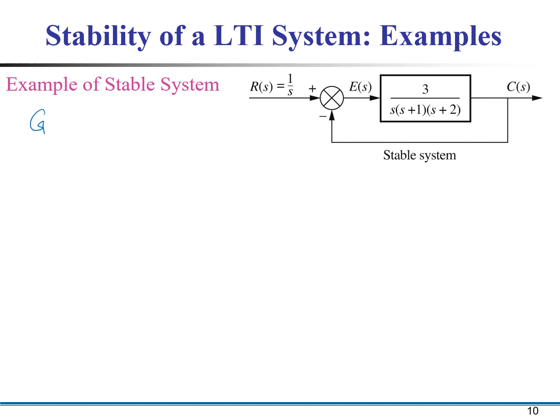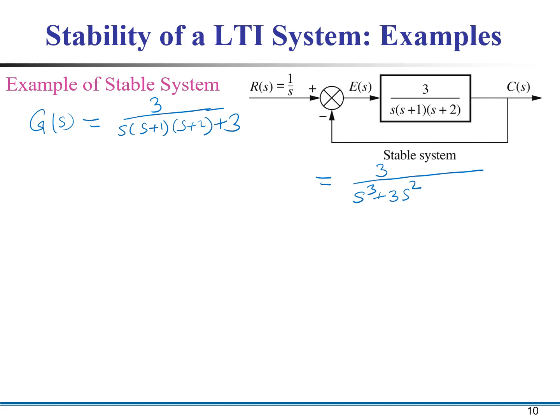G of s, the closed loop transfer function, is equal to 3 upon s into s plus 1 into s plus 2 plus 3, and this will be equal to 3 upon s cube plus 3s square plus 2s plus 3.